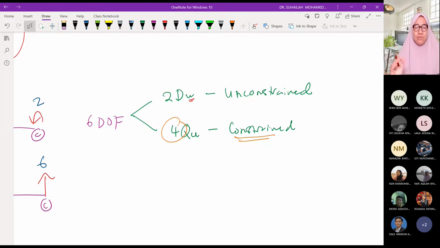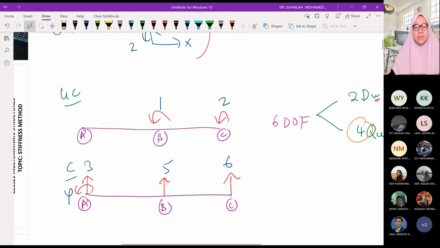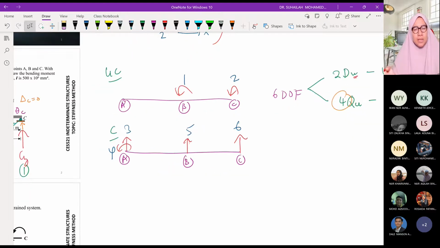So the remaining we have 2. These two belong to the unknown displacement, which is located in the unconstrained system. So these 2 and 4 we transform into a diagram. We draw it separately so that we can see clearly, unconstrained and constrained.